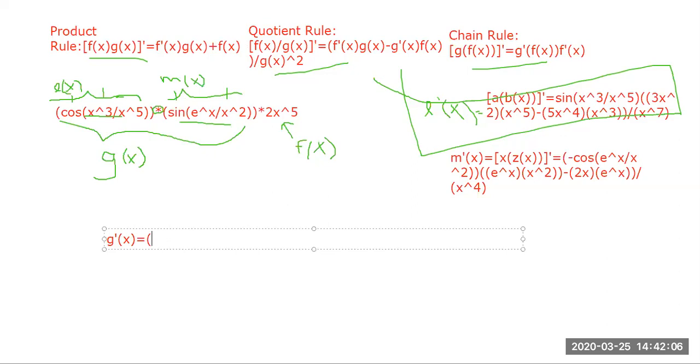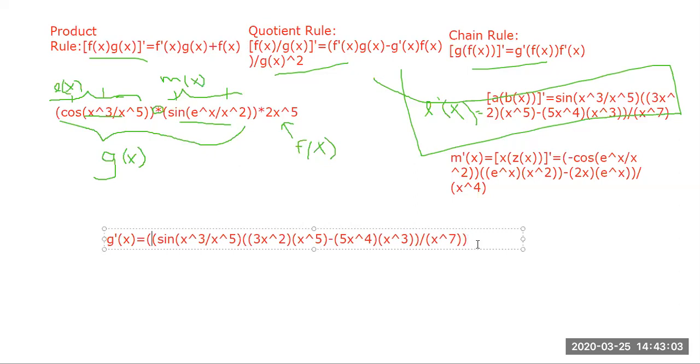So we got sine x to the third divided by x to the fifth times 3x to the second times x to the fifth minus 5x to the fourth times x to the third divided by x to the seventh, we got all that.